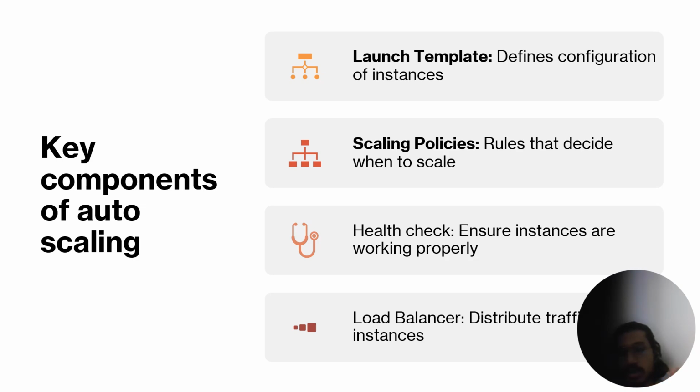So the health checker ensures the instances are working properly, there isn't any fault, and the load balancer ensures that the traffic is being distributed evenly across all the instances.